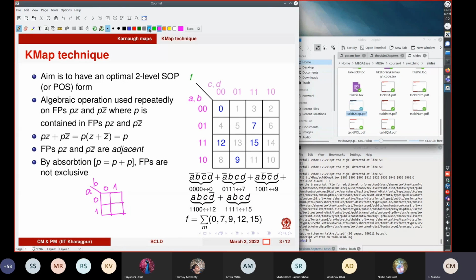These blocks refer to A bar B bar. Then this one refers to A bar B, this one to A B bar, and this one to A B.